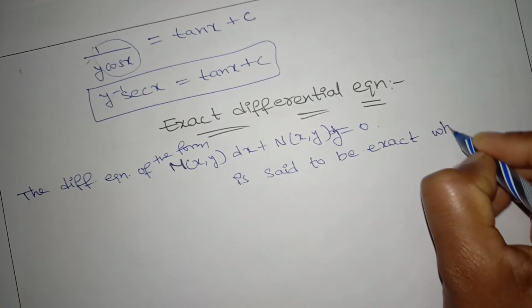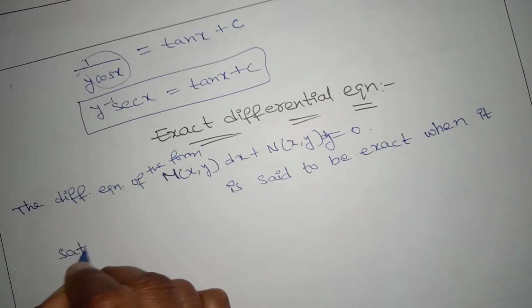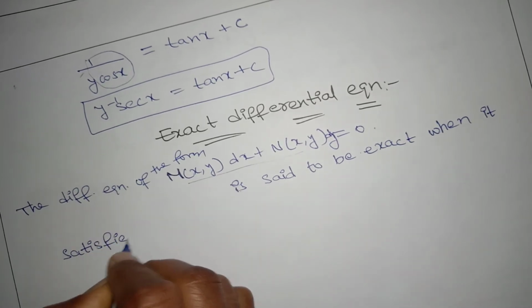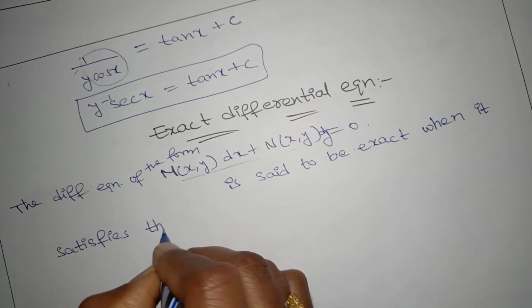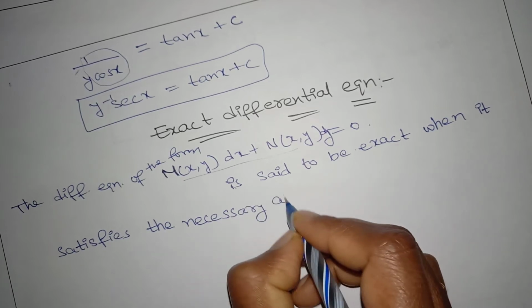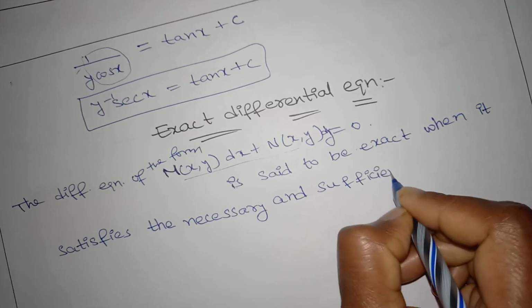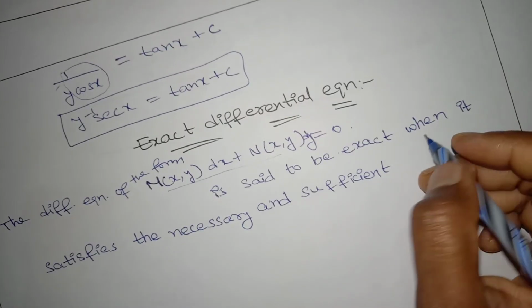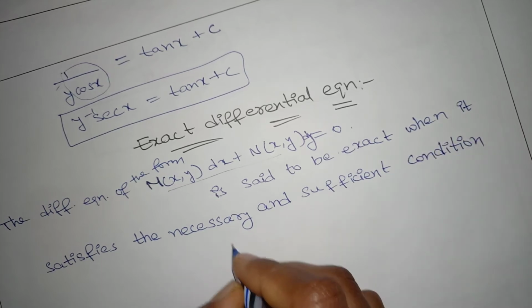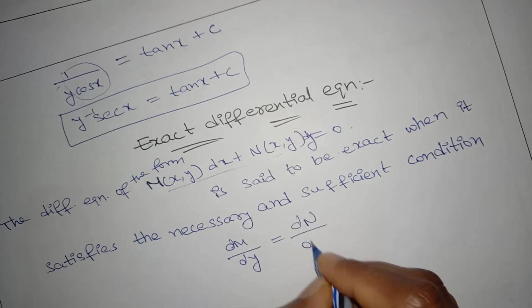It is said to be exact when it satisfies the necessary and sufficient condition: dou M by dou y equals dou N by dou x.